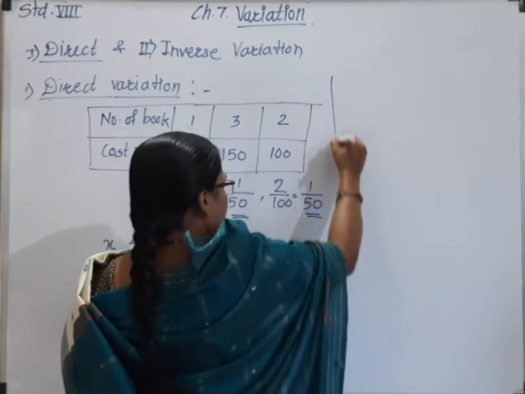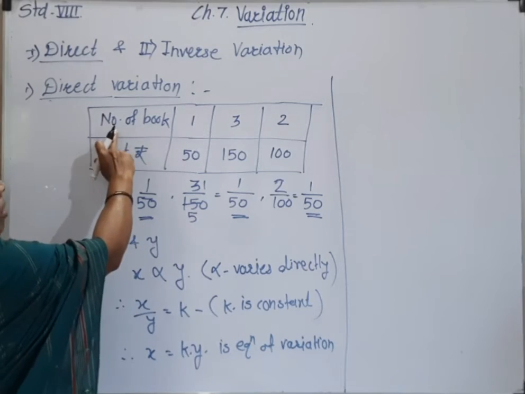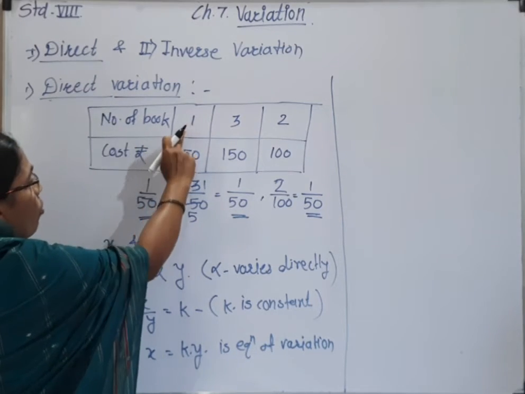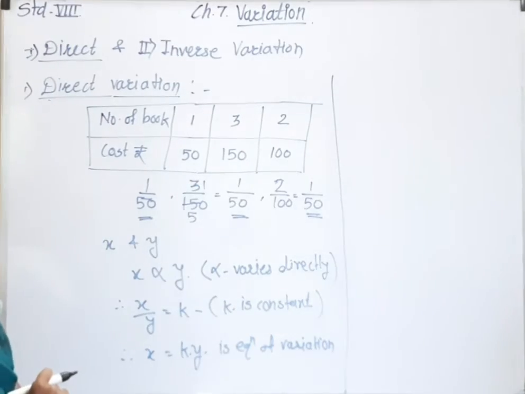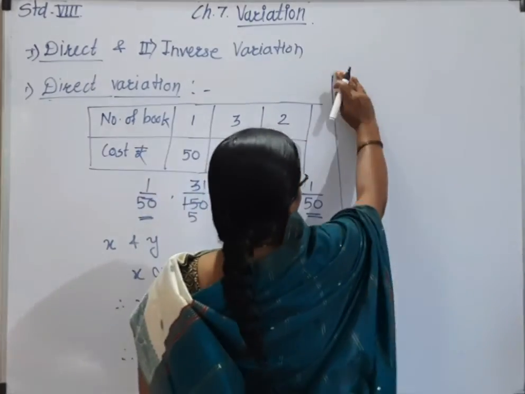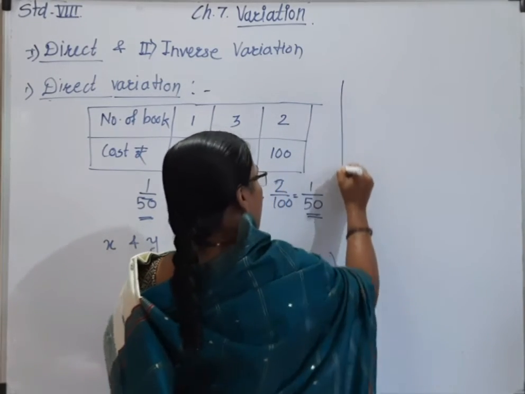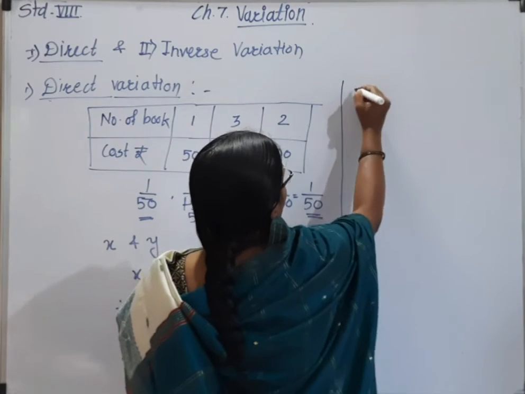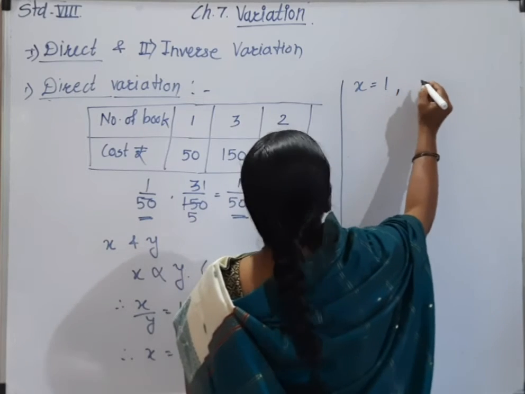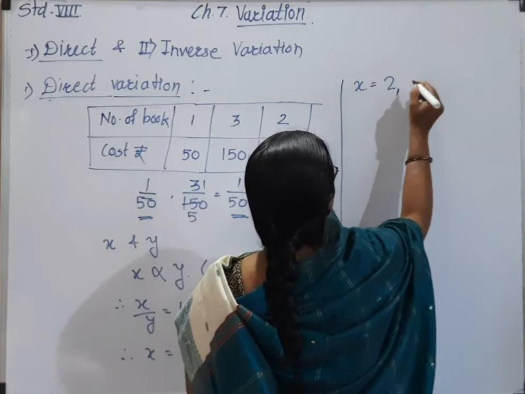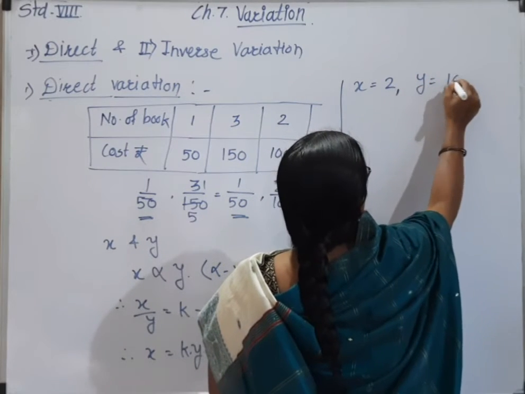Now I will take one example. Here I have the number of notebooks. The cost of one notebook is 50 rupees. Suppose I want 7 notebooks. Consider first x is equal to 1, or suppose we take x is equal to 2, then y is equal to 100.